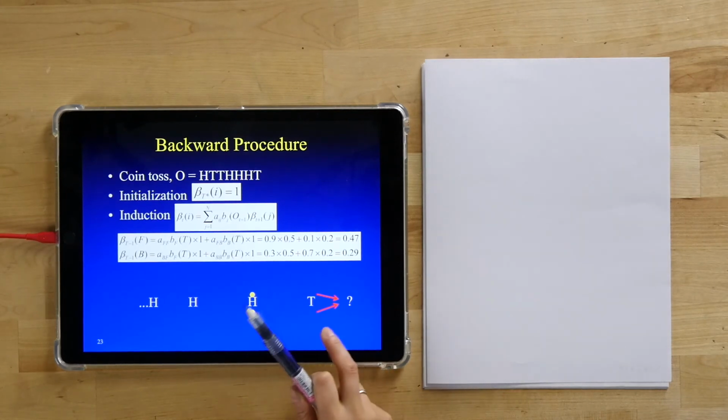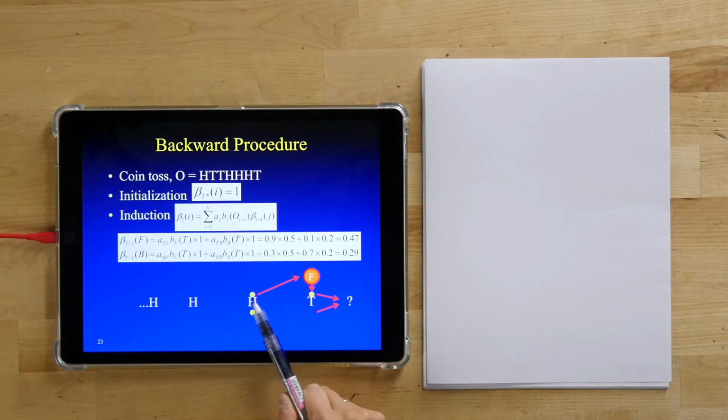So remember, we already have, basically we're at time t minus 1 in here. We try to estimate these two yellow dots in here. This one means, in order to see the coin flip after it, what is the chance that now I'm using a fair coin?